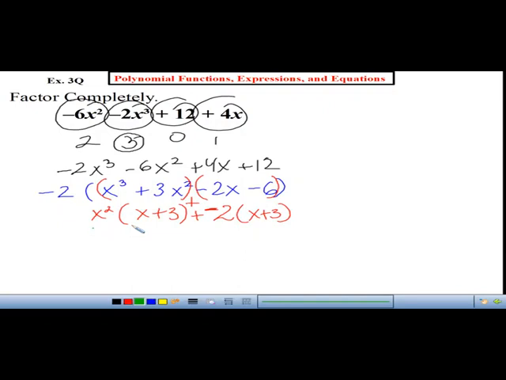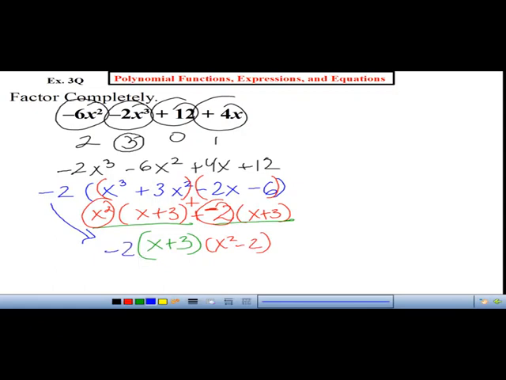So what's the same here and here? X plus 3. What's left over? We got x squared minus 2. However, don't forget about our GCF. And these are my factors.